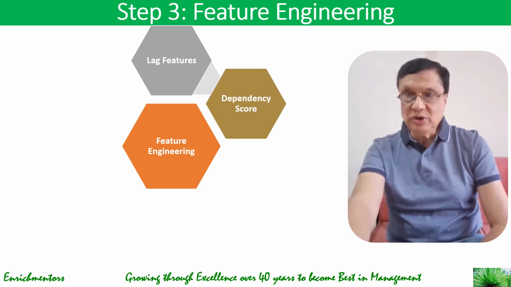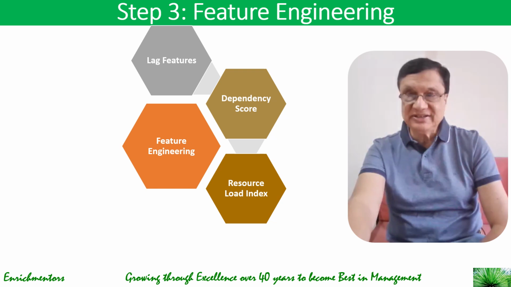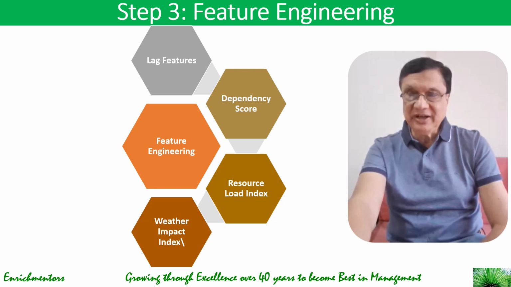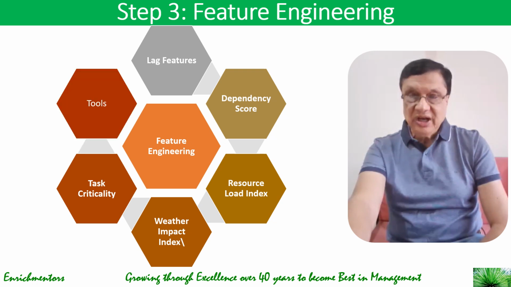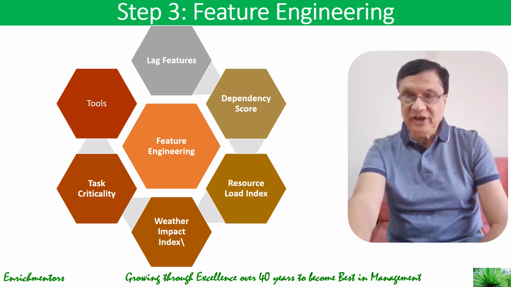Then you have a resource load index, which is resource capacity utilization, and a weather impact index in terms of construction days lost due to rain. And then you need task criticality, whether the task is on the critical path. Now you can use tools like NetworkX for dependency graphs and Pandas and NumPy for feature processing.